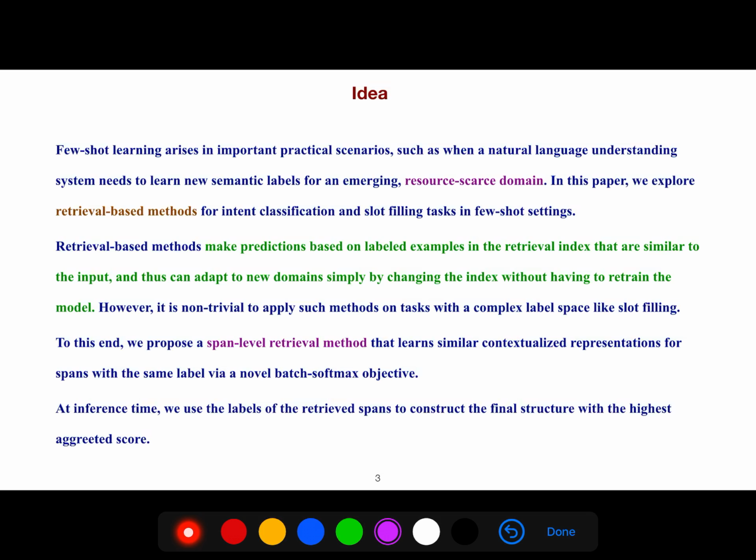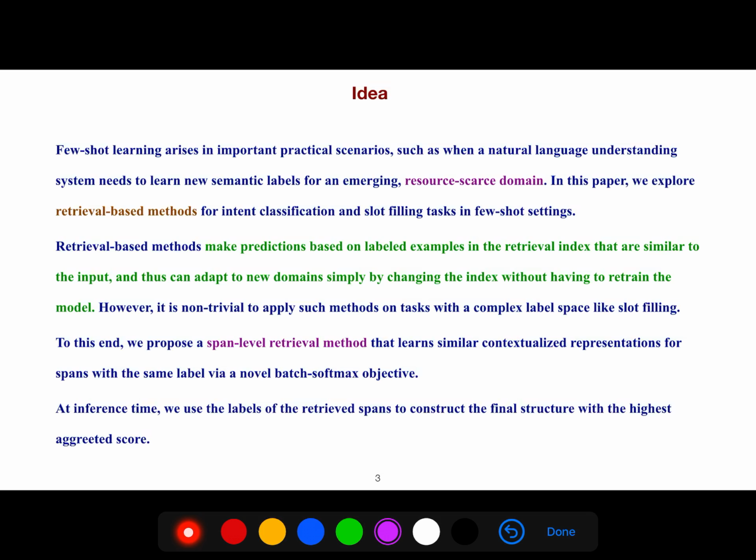However, it is non-trivial to apply such methods on tasks with complex label space like slot filling. To this end, we propose a span-level retrieved method that learns similar contextualized representations for spans with the same label via a novel batch softmax objective.